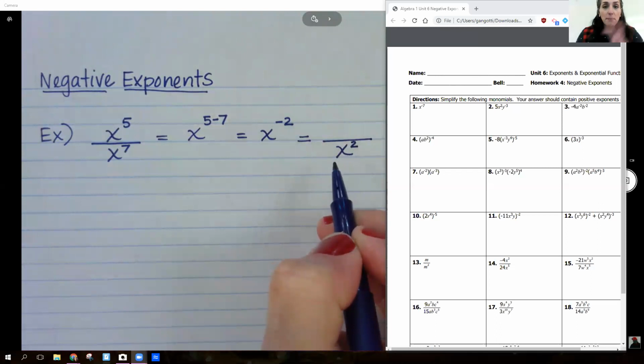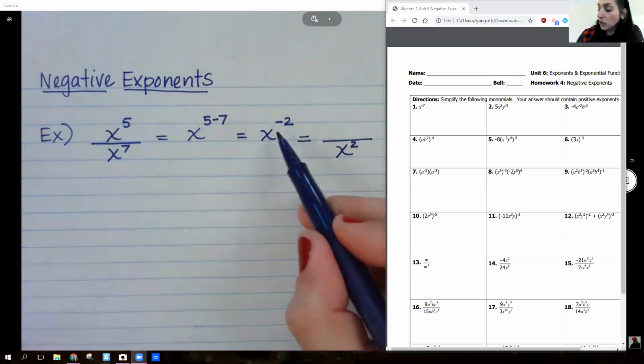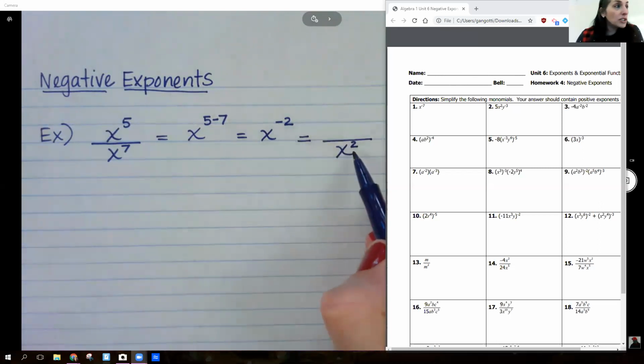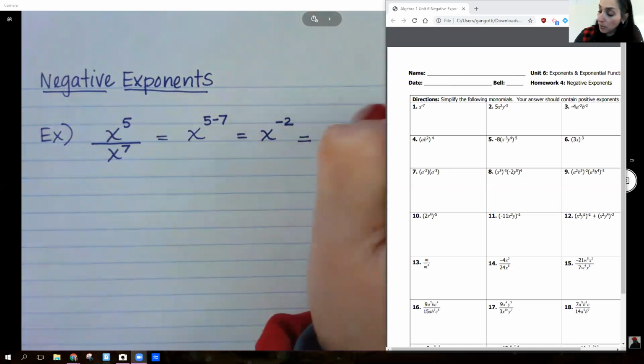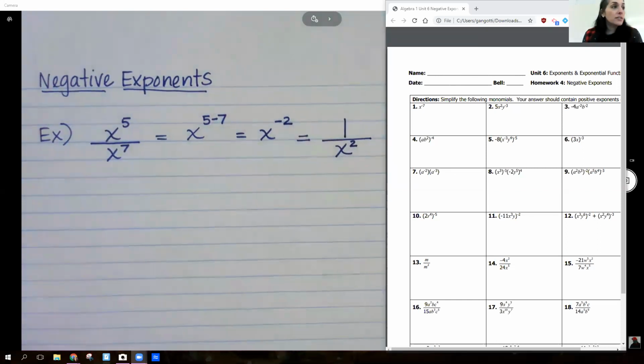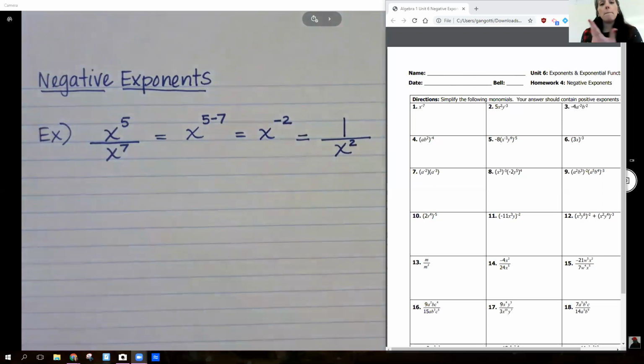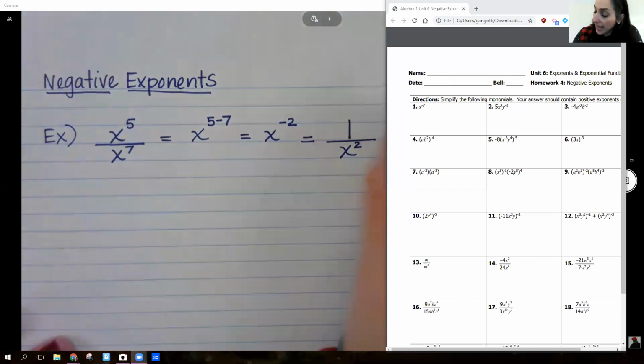Then you throw away the negative, so it just becomes +2. And there's nothing up here, but there's really a 1. So your answer becomes 1 over x to the +2. And then you're good to go.